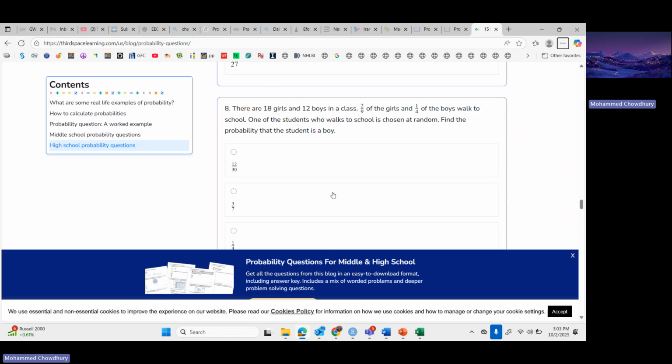So 7 persons walk to school. Find the probability that the student is a boy. So 3 out of 7, right?